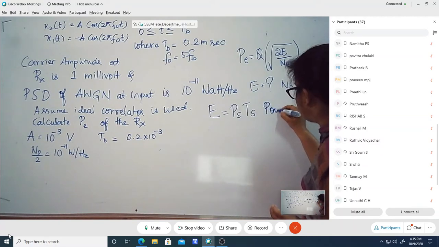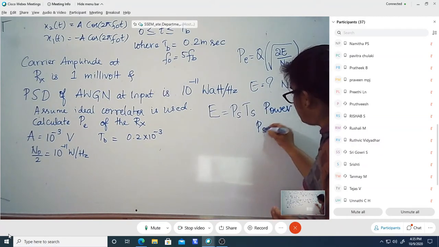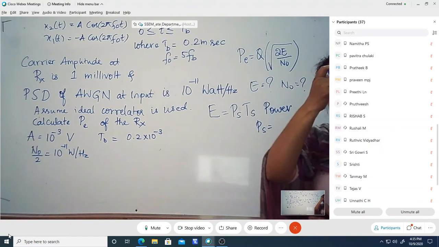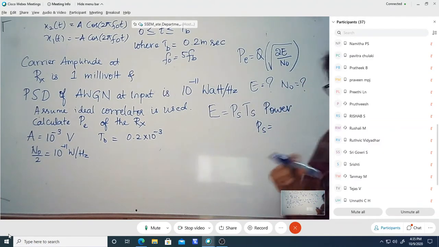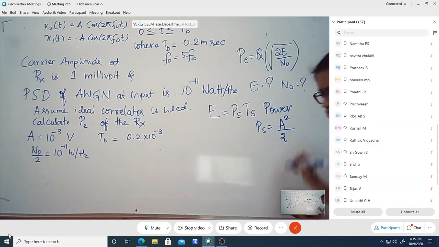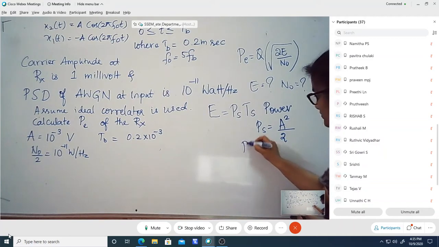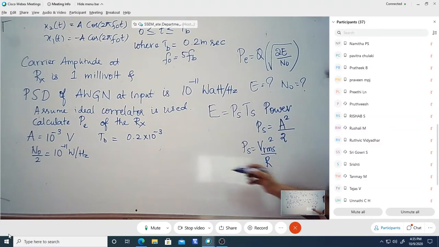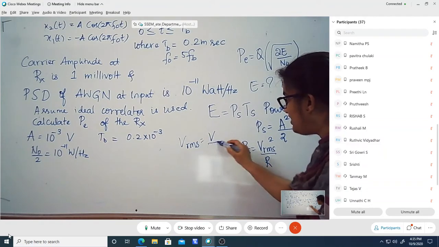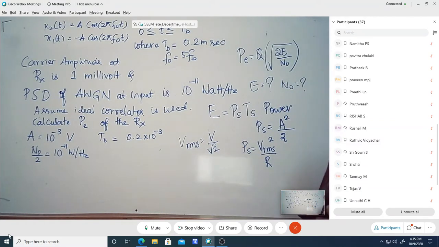Ps, if I am writing in terms of amplitudes normalized with respect to a 1 ohm resistor, is A squared by 2, because Ps is equal to Vrms square by R. Vrms is equal to V by root 2, where V is the peak amplitude.